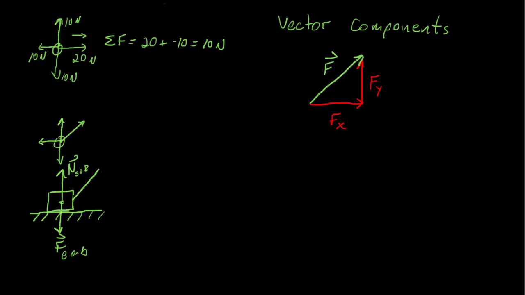And then let's say that this is being applied at a 30-degree angle. So we'll say that this is a 40 newton force that's being applied at a 30-degree angle to the box.